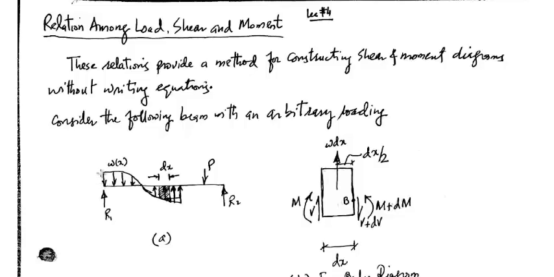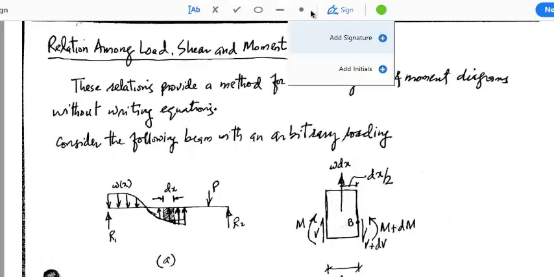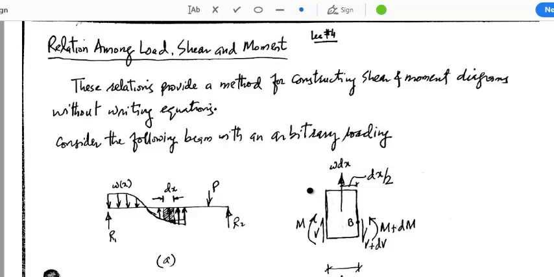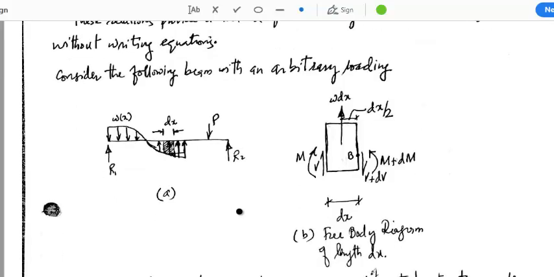It is just any variation of omega, and we are developing this relationship for a generalized case so that it remains valid for all the different cases that we will be dealing with in future. So we have a beam that is subjected to a distributed load and to a point load.